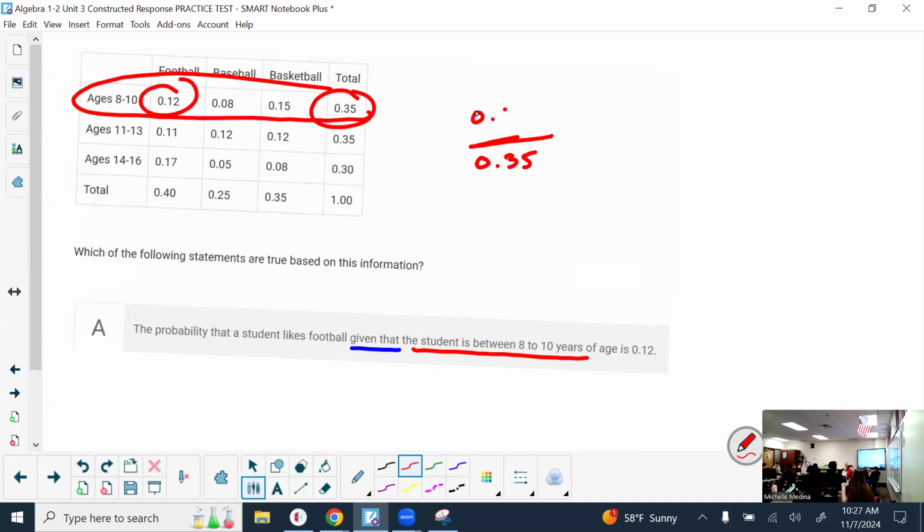So we're going to divide that. Again, the proportions are the same. They didn't give you numbers this time, but you're still dividing this by that. When I divide it, I get this decimal, which is 0.12. So I'm not going to pick that one. Don't pick the one that says that.